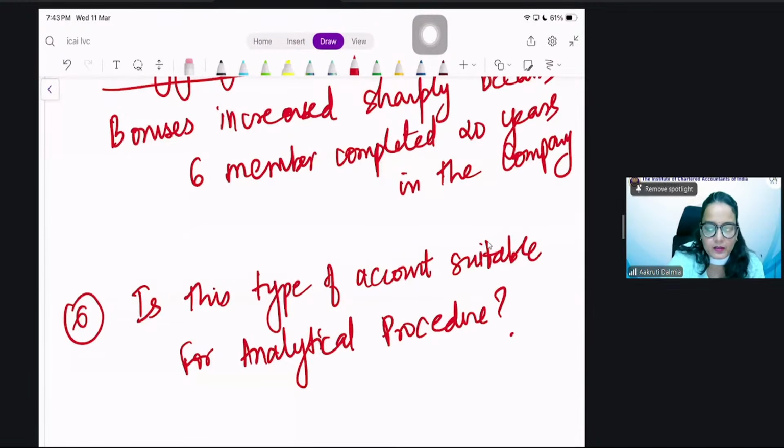If the company has 3,60,000 employees, or let's say 30 lakh employees, can you vouch it? I can't do each and every vouching. Then is analytical procedure suitable for the salary account? Salary check करने के लिए analytical procedure suitable है कि नहीं है? To check salary, is analytical procedure suitable or not?